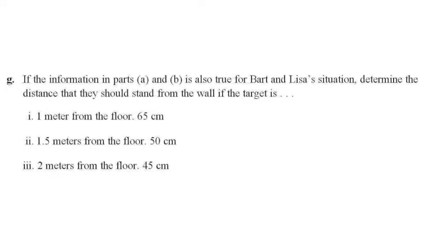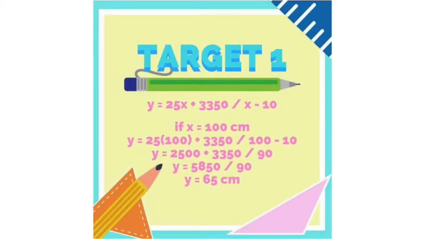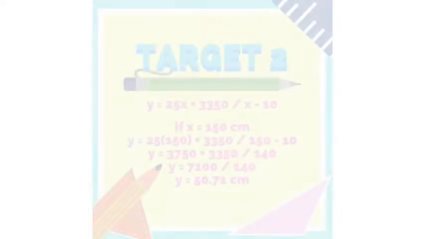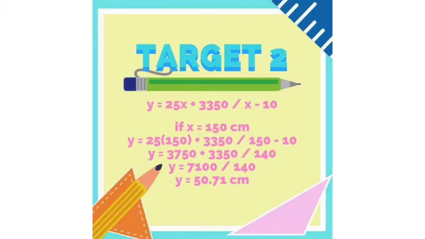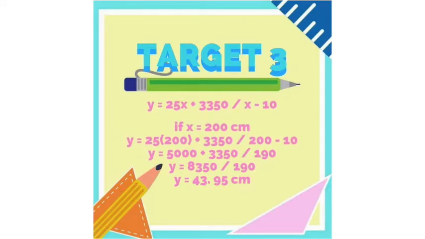So for 100 centimeters or 1 meter, they need to stand 65 centimeters from the wall. And for 1.5 meters or 150 centimeters, they need to stand 50 centimeters from the wall. And lastly, for 2 meters or 200 centimeters, they need to stand 45 cm from the wall to hit the target.